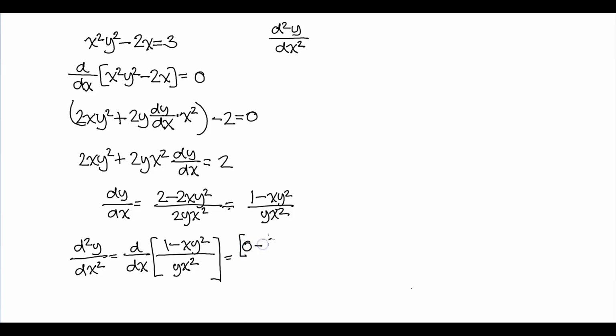So 0 minus f prime 1 g, 2y dy/dx, so f prime g, plus g prime, wait a minute, f prime g by itself, f prime g plus g prime, so now we put 2y dy/dx, g prime, f.